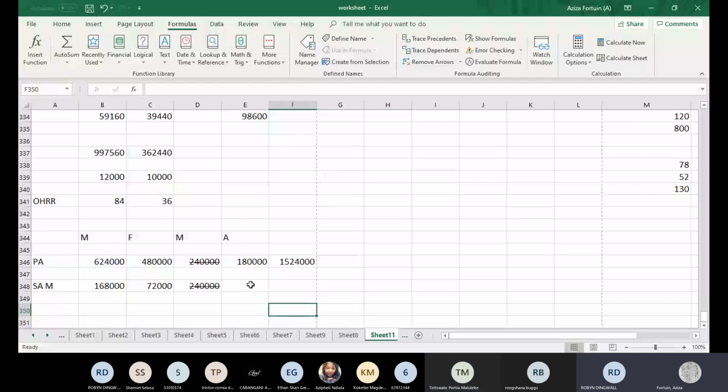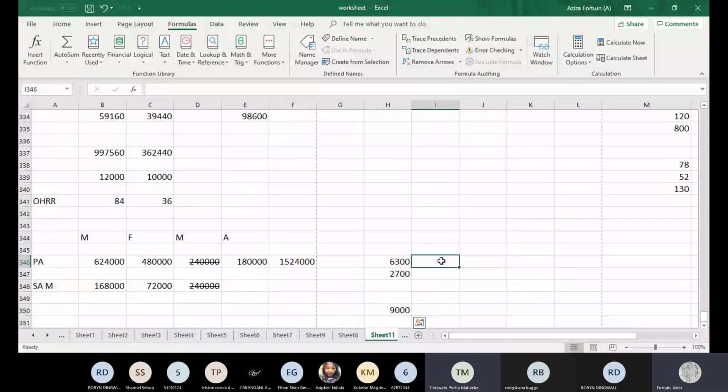Okay. Maintenance department render service are allocated on area space. Area space is 6,300, right? And 2,700 gives me 9,000, right?